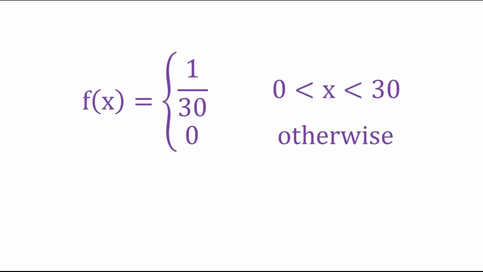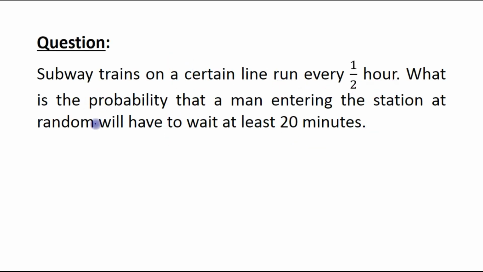Okay. Now we need to calculate the probability that a man entering the station at random will have to wait at least 20 minutes. So basically we need to find probability x greater than or equal to 20. 20 to 30, f(x) is 1 upon 30.